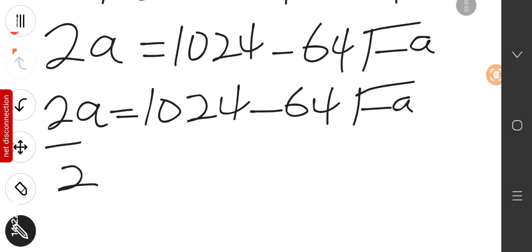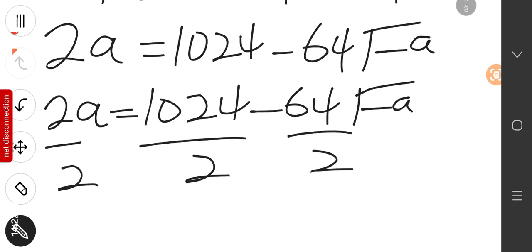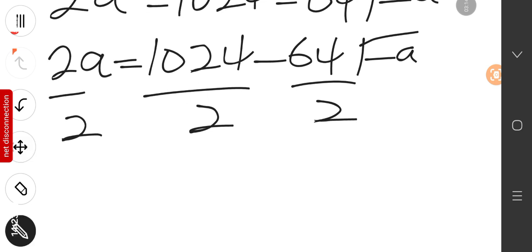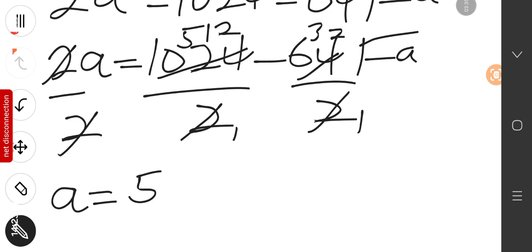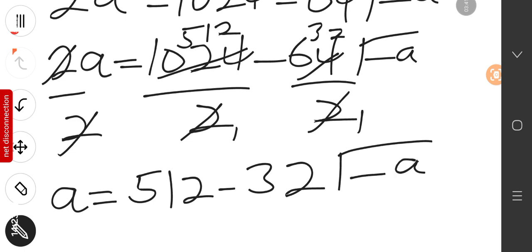If you divide here by 2, here by 2, here by 2, these two will cancel. 2 cancels itself, 1 goes here. 512. 2 cancels itself, 1 goes here. 32. So our equation becomes a equals 512 minus 32 multiplying the square root of minus a.